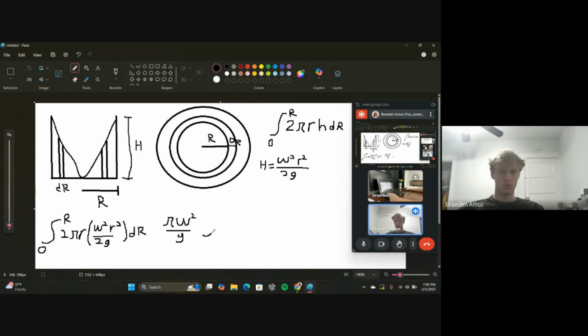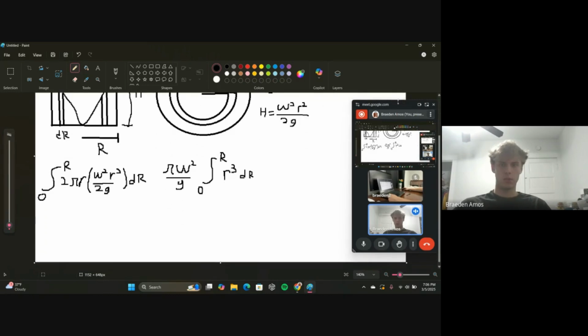So what stays in the integral is the r. So it'll be from 0 to r still. And then we have this r and r squared, so it'll be r cubed, dr.